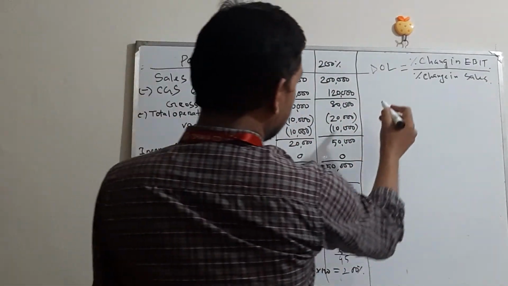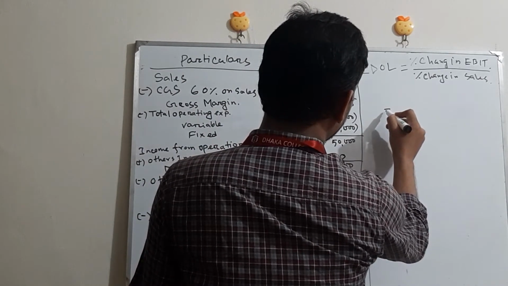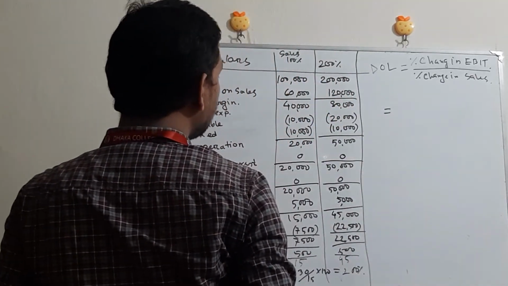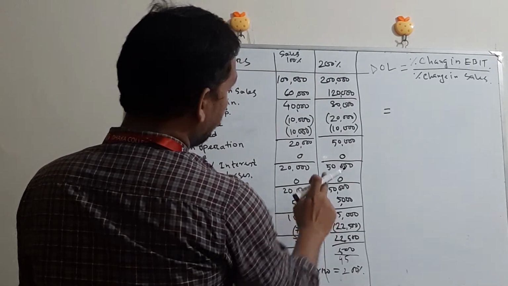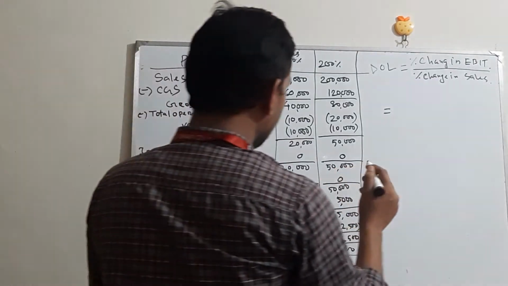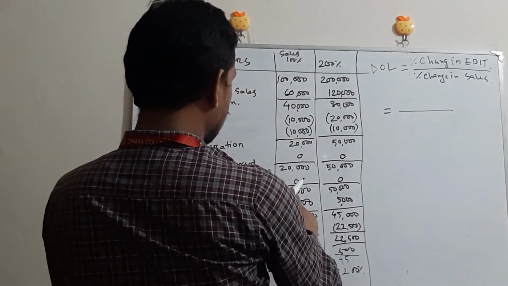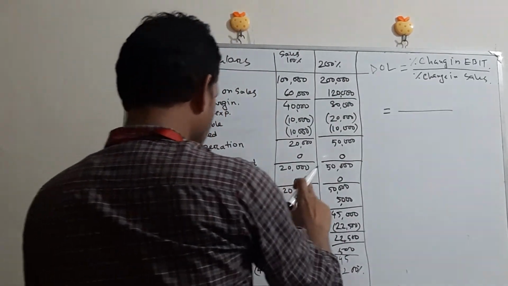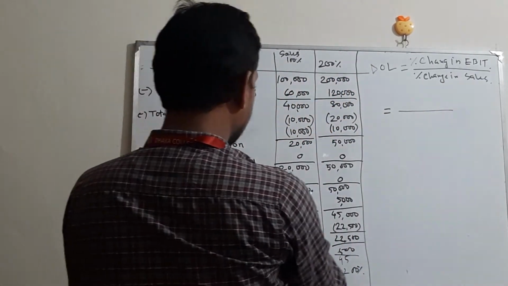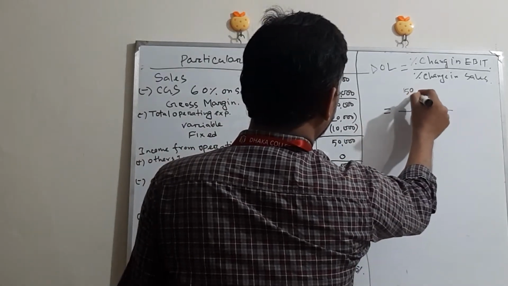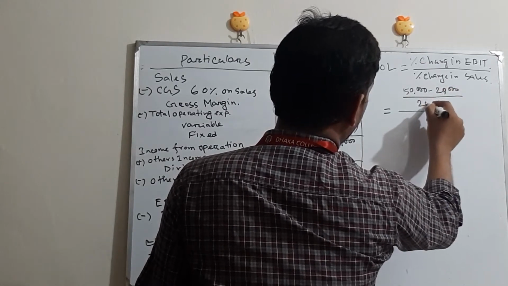Okay, so what are the changes here? See, percent change in EBIT. Where is EBIT? EBIT is 20,000 taka and 50,000 taka. So the change is 50,000 taka minus 20,000 taka, divided by 20,000 taka.